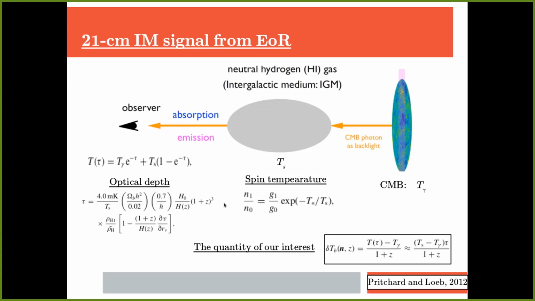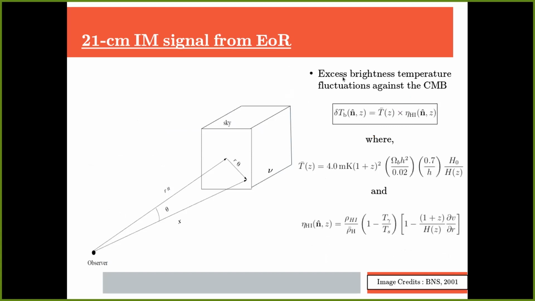So this T tau can be approximated so that this term can be written as this over here, and we can substitute the value of tau from over here so that the excess brightness temperature fluctuations against the CMB can be written as a function of two terms, a multiplication of two terms.